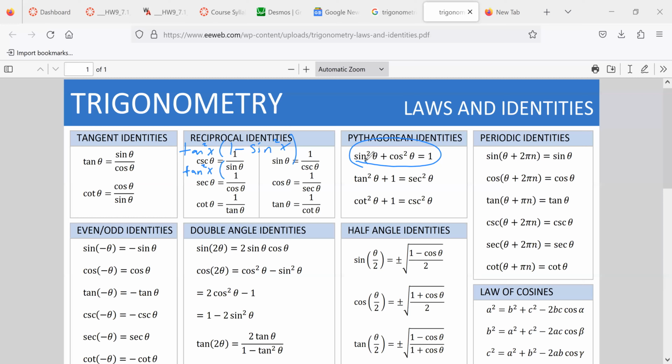So if I move this sine over here by subtraction, you would get this, right? So 1 minus sine is actually cosine squared.